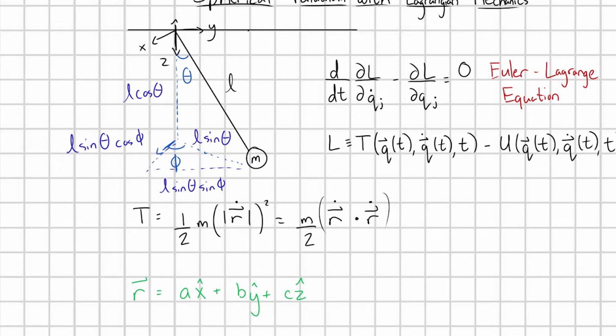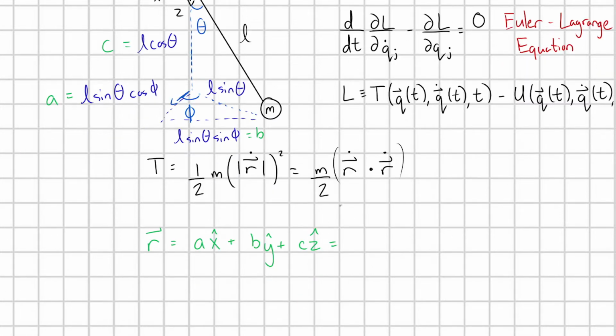Okay, let me make this connection here. This is equal to A, our x hat component. This is equal to B, our y hat component. And this is equal to C, our z hat component. Let's write all of this down.